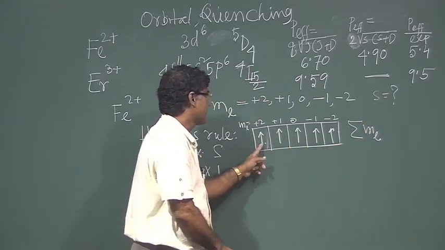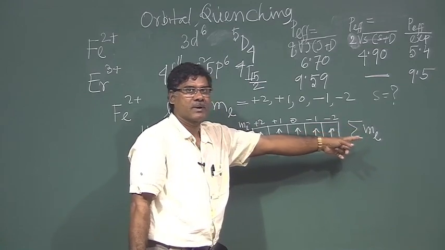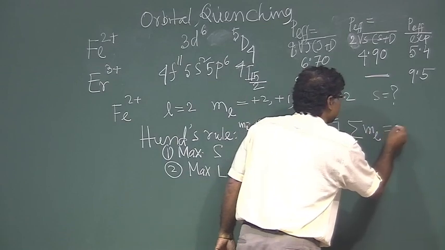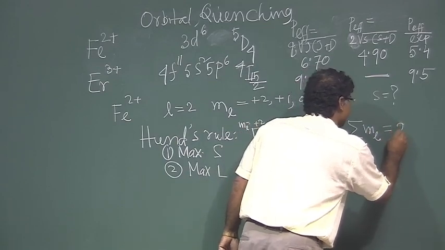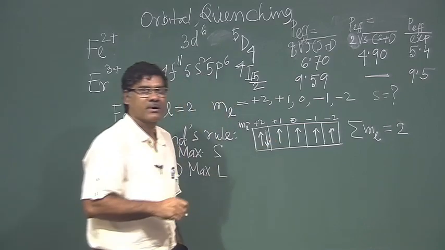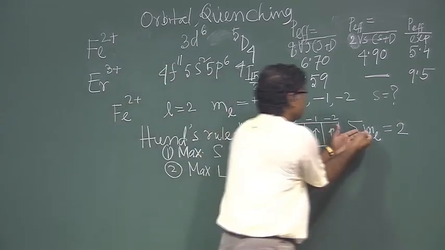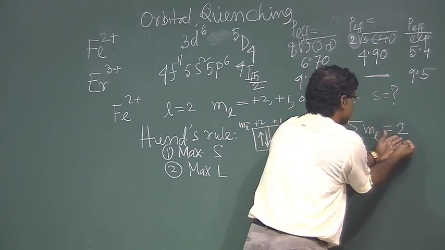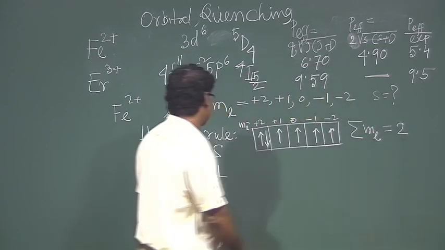If I put it here, ML will be 2 plus 2, right. So, this will be the maximum if I put it here. Okay, so to get ML equal to 2, L has to be 2.